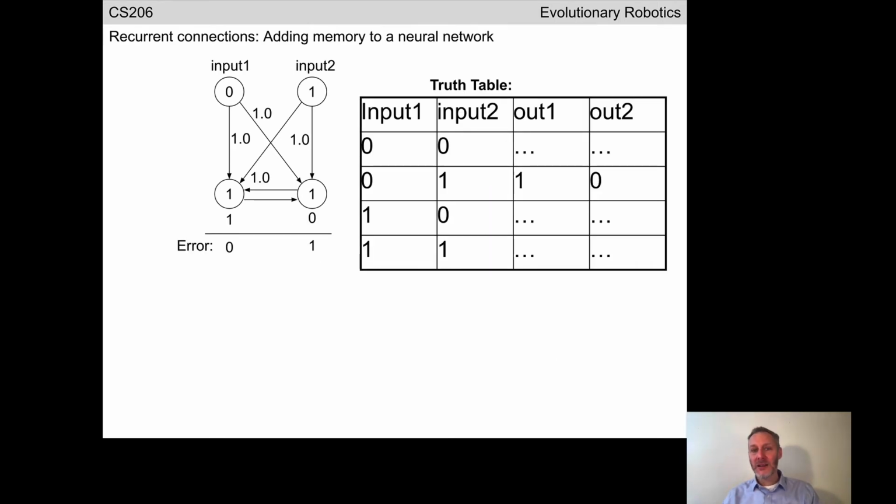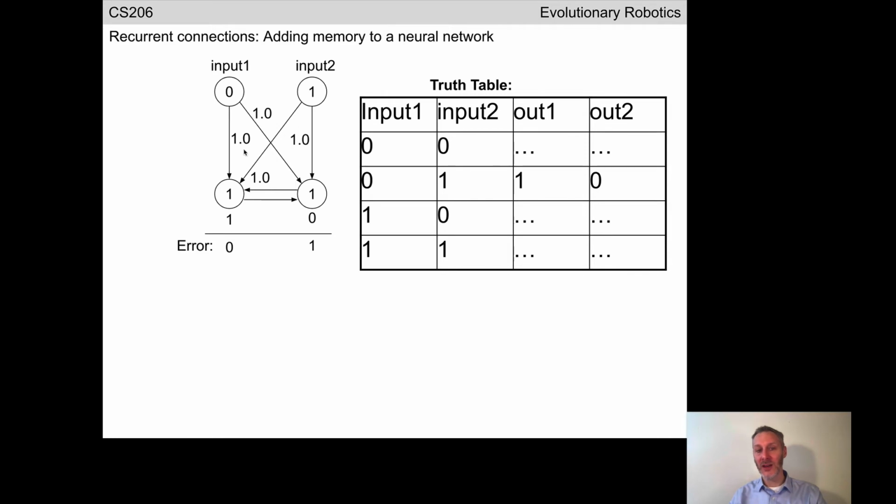Let's come back to backpropagation for a moment. We've got 2 input neurons, 2 output neurons. We've got 1, 2, 3, 4, 5, 6 synapses. 2 of them are recurrent. Imagine we are trying to use the backpropagation algorithm to set the weights of these 6 synapses.